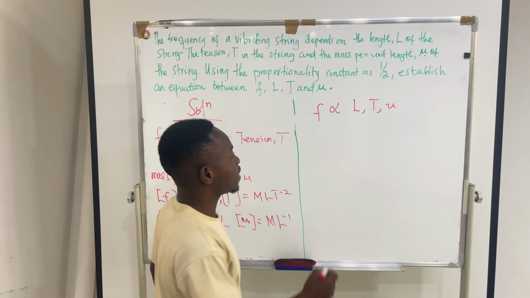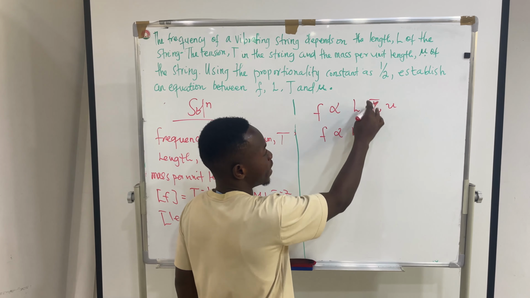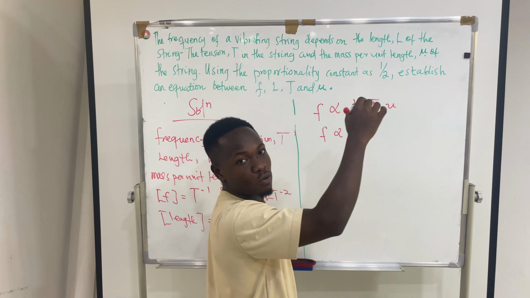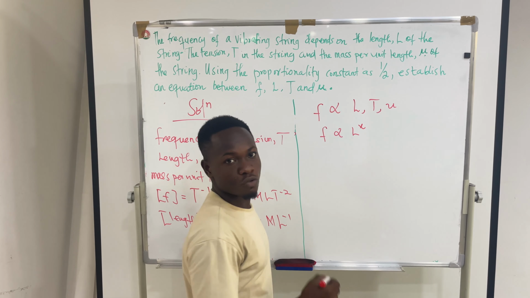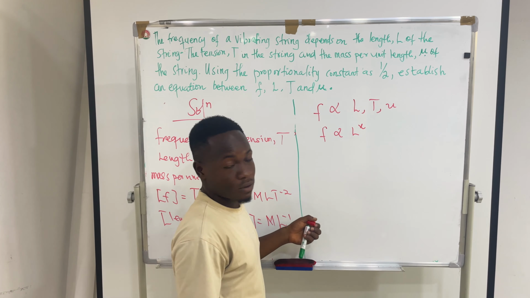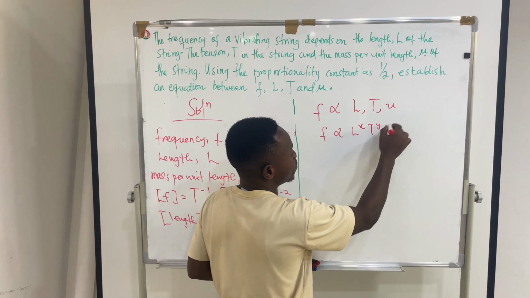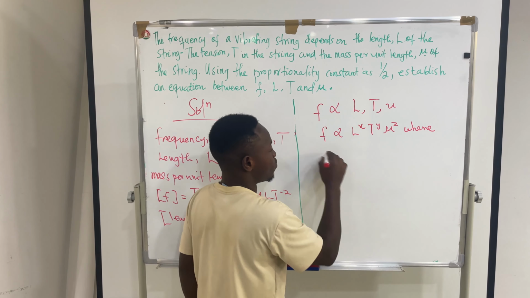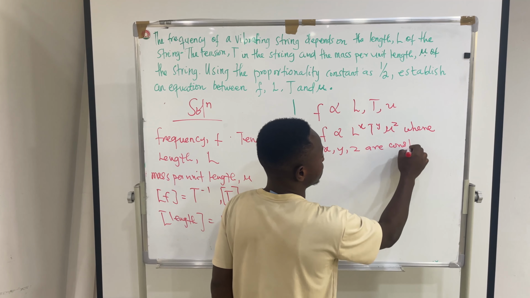So what we are going to do is say that F depends on L to the power x. We don't know whether the sign here is plus, is minus, is to the power, is square root. We don't know. So we are going to place a constant there, to show those factors. So T to the power y, mu to the power z, where these variables x, y, z are constants we are going to determine.